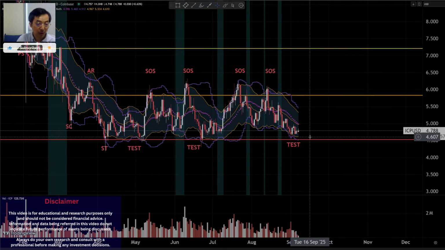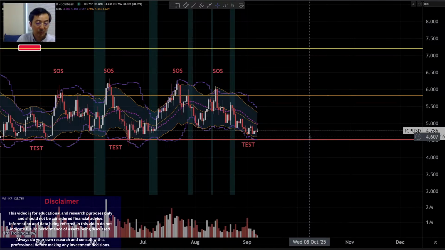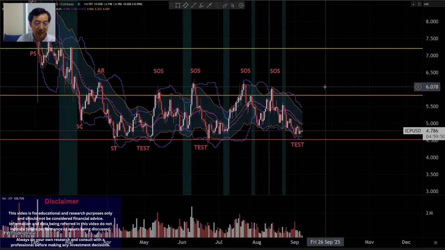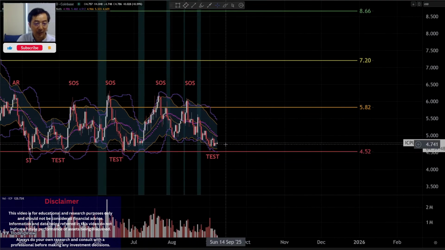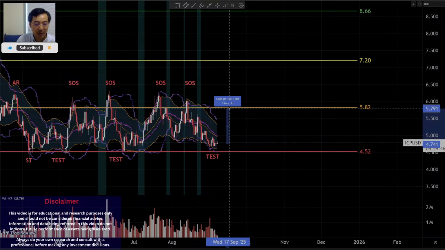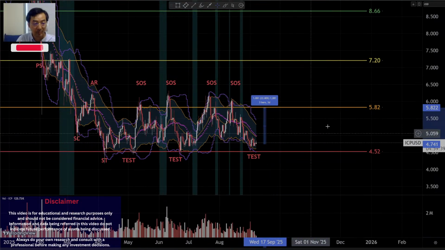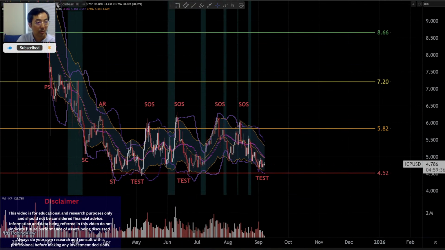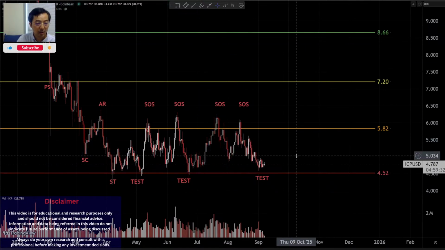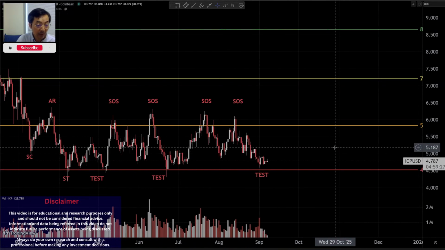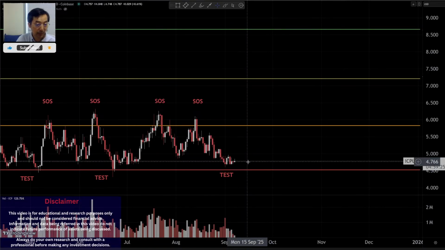Now that it's so low, the hope is it's going to squeeze towards the upside, challenging the orange once again. So from the current point to the orange key level is an over 20% climb, so that's not too bad of a movement if you want to trade the swing. Let's turn this off. So we know for daily it's not having a squeeze yet, but in a few days it may happen.